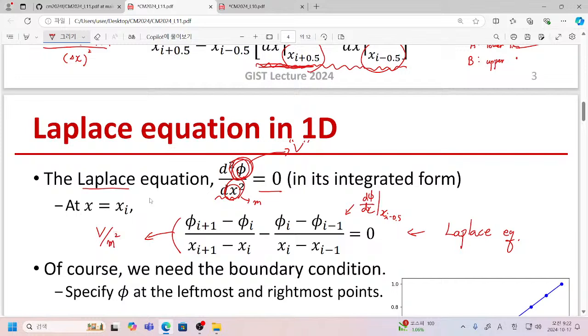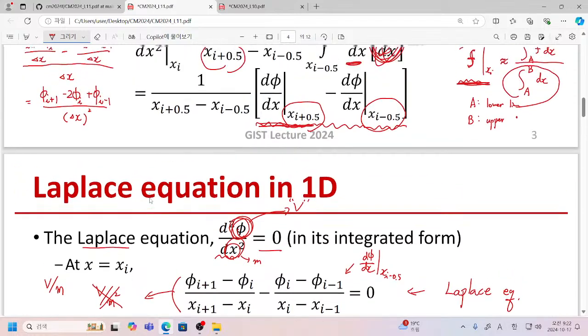However, when you have a look at this equation, can you see the square meter in the lower part? Actually not. Phi corresponds to the volt quantity, and here you have just x. So its unit is no longer volt per square meter but volt per meter. Why do we have this unit or dimension difference?